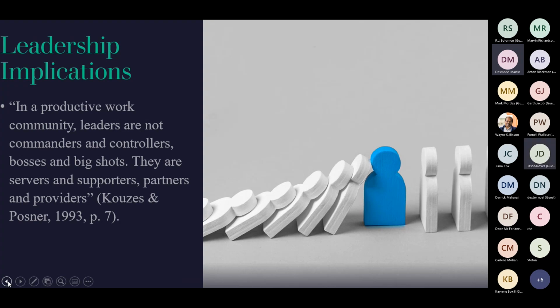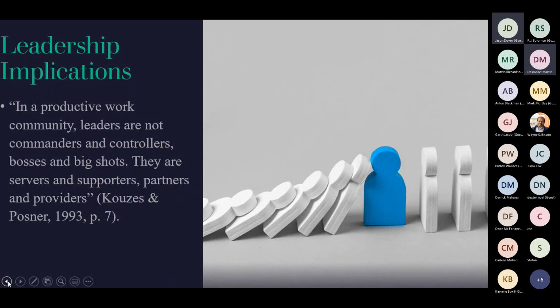Yeah, Robert. Okay, so as the statement says, productive community leaders are not commanders. So this says to me that a true leader is one that doesn't assert himself over the other members of the group as some domineering person just calling shots, pointing fingers, giving orders, giving directions, that kind of thing, right?